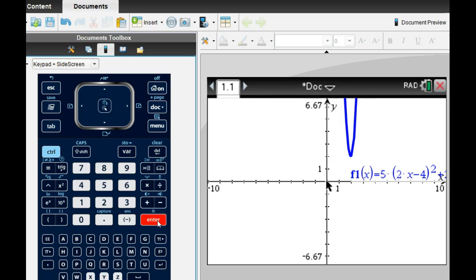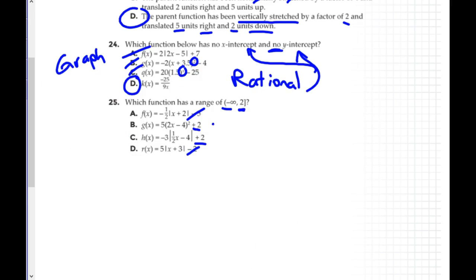Now you see how it starts at 2 and goes up forever to infinity. This one is 2 to infinity. That ain't it either. Okay? So we're left with C. Okay, but let's see it.